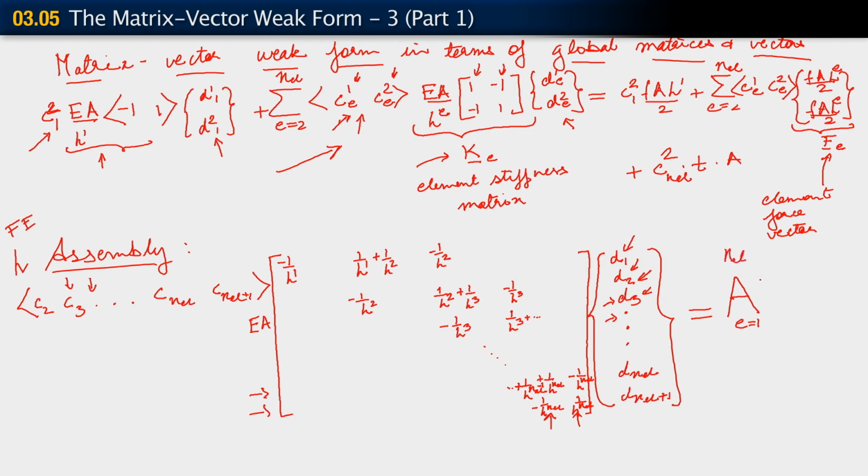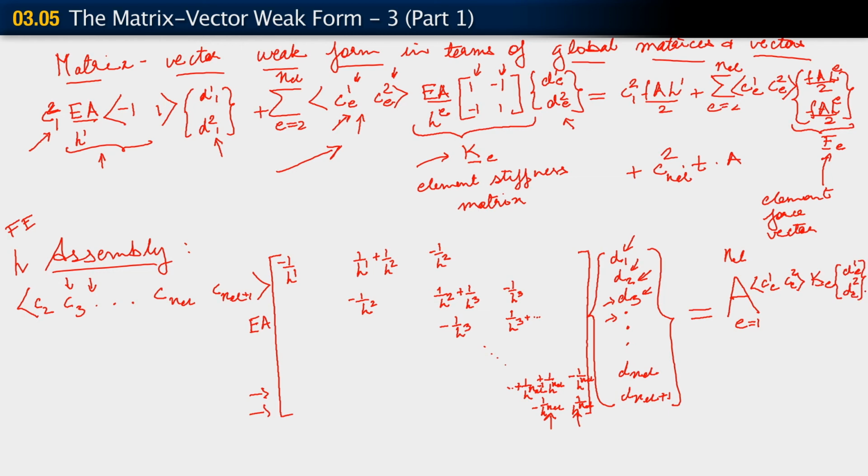It's the process of assembling over all elements contributions of the form C1E, C2E times the stiffness matrix times D1E, D2E.